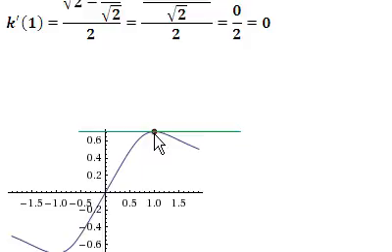Now what's happening here? Well, the graph is not increasing or decreasing, because we're getting a slope of 0. And then if I were to plug in 1.5 into our derivative, it would be a negative number, because if you notice, our graph is decreasing. So I just want to throw that in there on you.